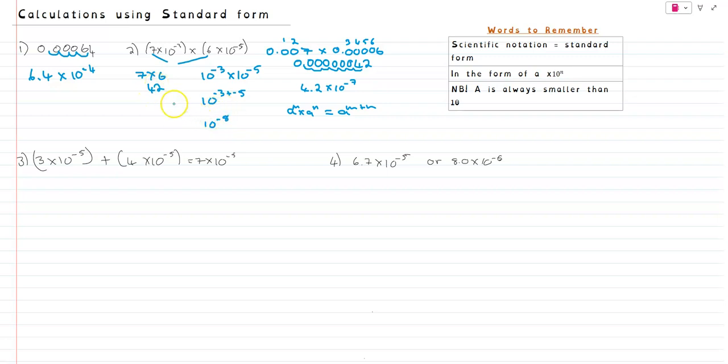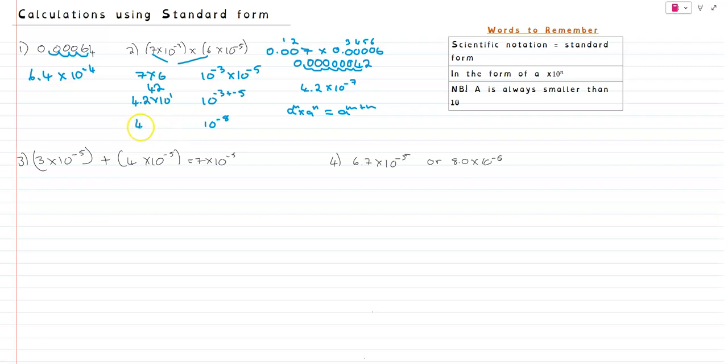But hold on, we can't just combine these now. This is a 42. Our scientific notation needs the number to be smaller than 10, which means this one will become 4.2 times 10 to the power of 1. And what is 1 minus 8? That would be negative 7.